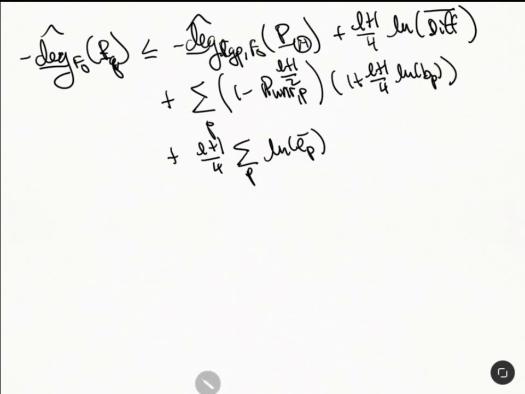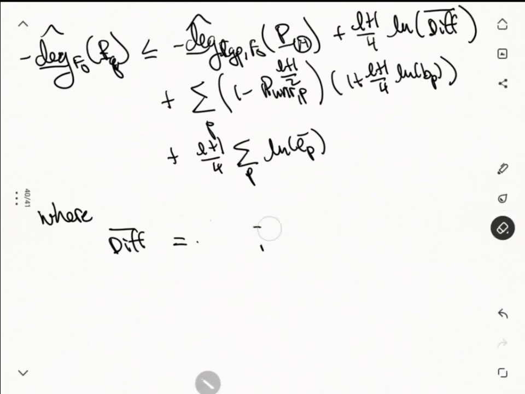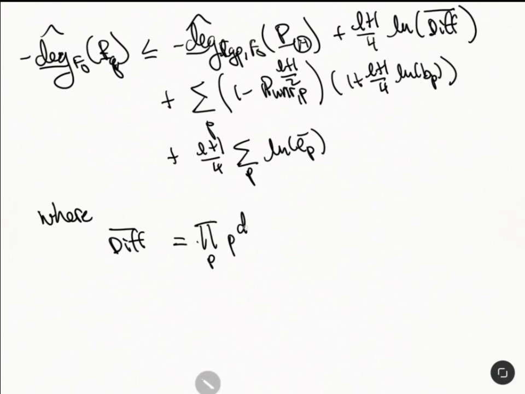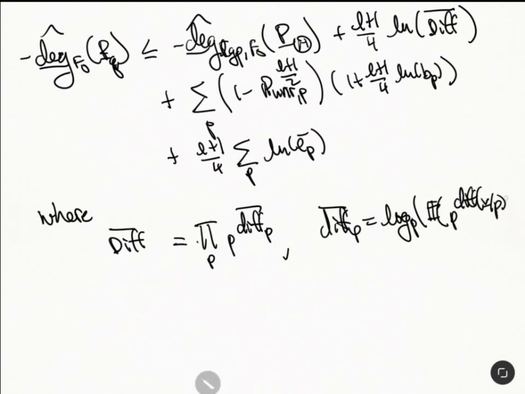Here this different is the natural log of the product of these local average differences, the product over p of p to the diff p bar, where this diff p bar, the average different valuation, is log p of the expectation of p to the different exponent.